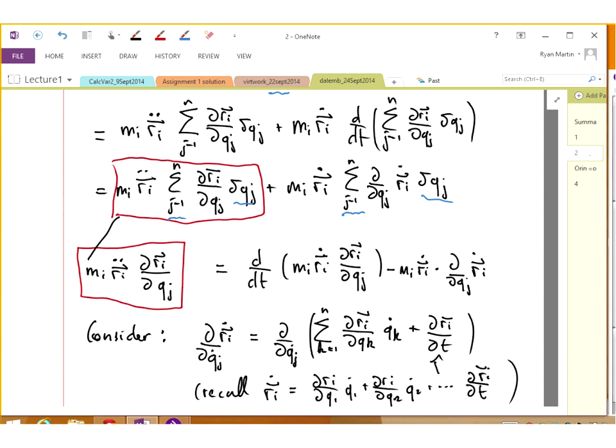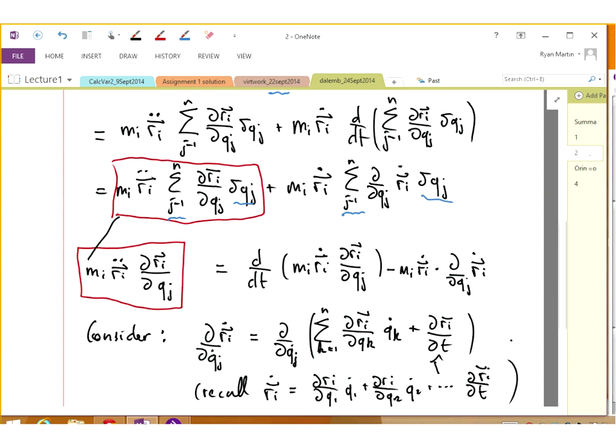And the general strategy has been to expand any position vector r, whether it be r_1, r_2, or r_i, in terms of a sum over n generalized coordinates q_j.